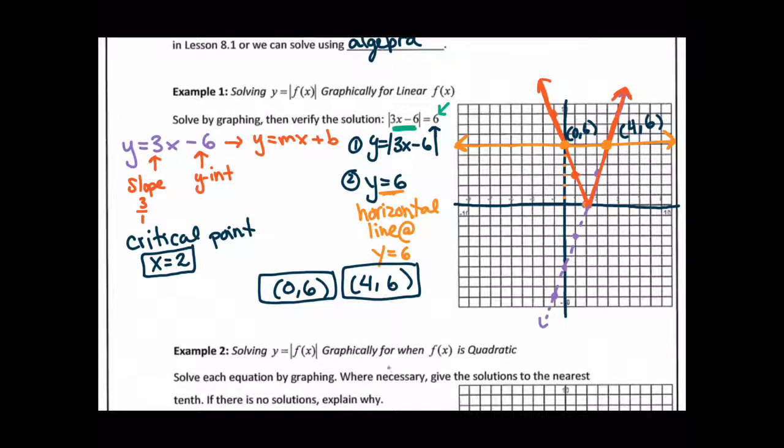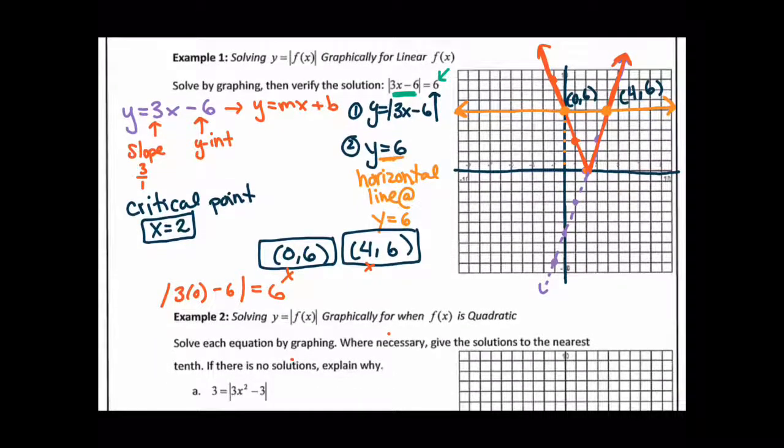We'll plug this in for x just to make sure it actually works in the equation. So we can try putting in 3 times 0 minus 6, which should equal 6. 3 times 0 is 0. Negative 6, the absolute value of negative 6 is actually 6, so that works, right?